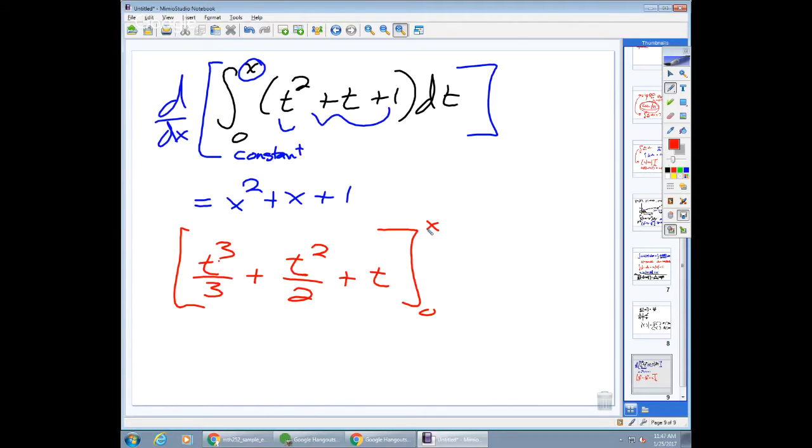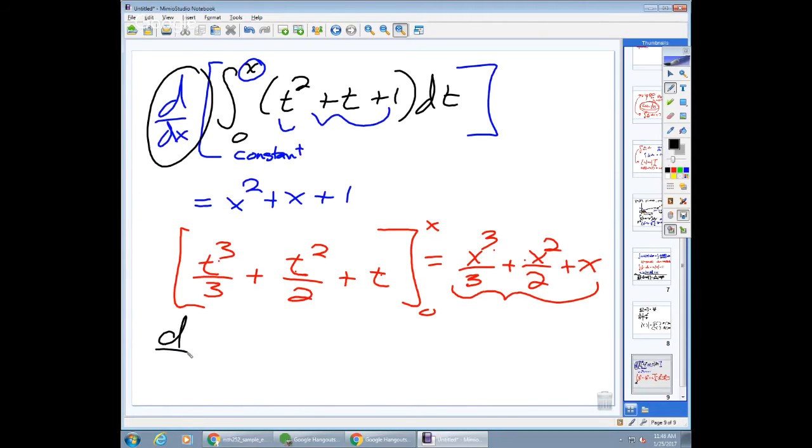So I plug in my x, and I get x cubed over 3 plus x squared over 2 plus x. And then when I plug in 0, I get a 0 cubed and a 0 squared and a 0, which is a bunch of zeros. So this is the definite integral for this particular function. Then I differentiate that with respect to x.